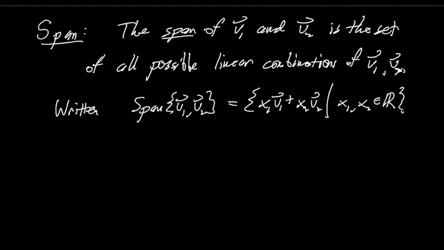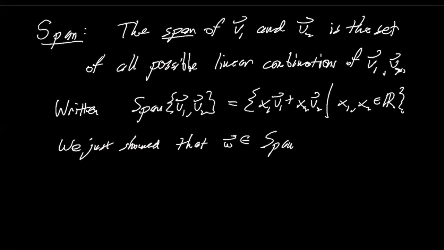Right? And we just showed, for this specific example of v1 and v2, that w is in the span. w is an element of the span of v1 and v2.